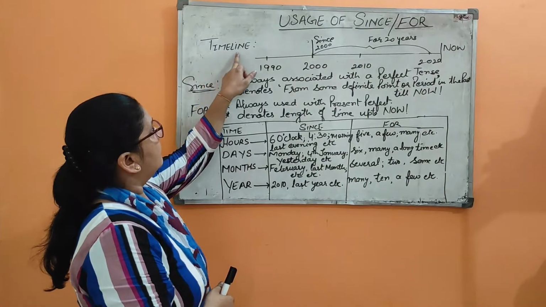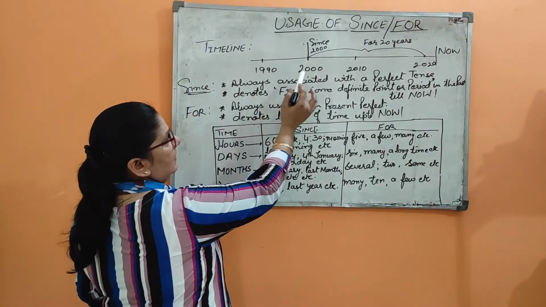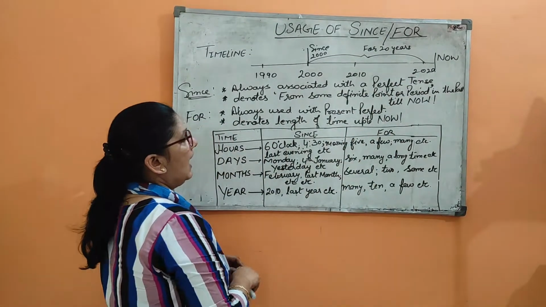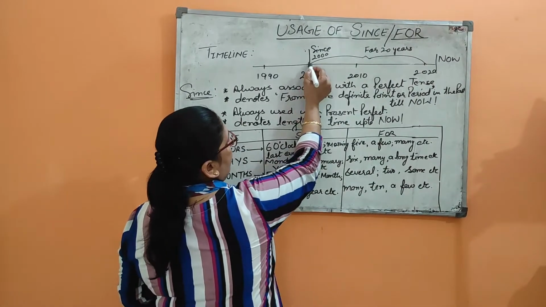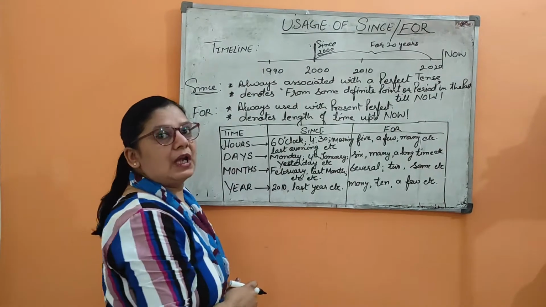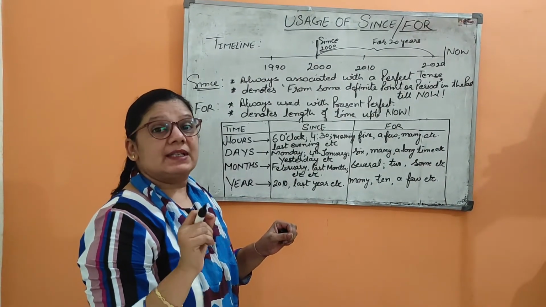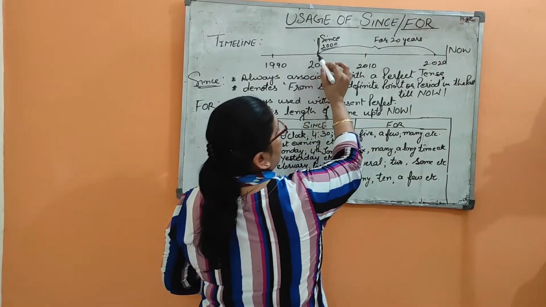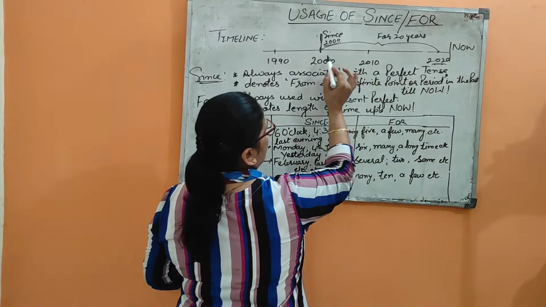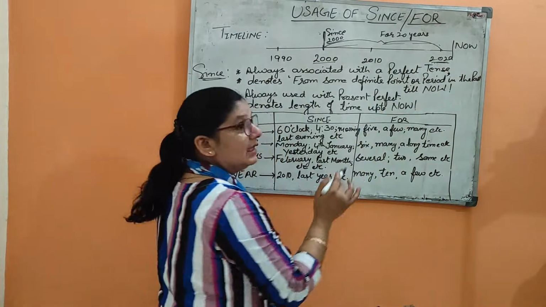If you refer to a timeline, I'm referring to this timeline. This is the year 1990, this is 2000, 2010 and 2020. I have marked 2000 and written here since, and here I have written since 2000. It means I am mentioning a particular year with since. Now if I take this lapse of time up to 2020, from 2000 to 2020, it comes to 20 years.